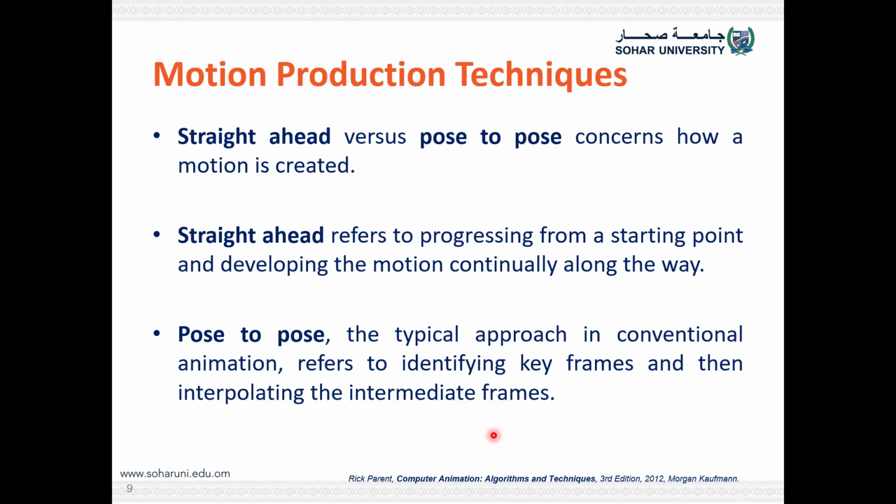So this one they call pose to pose. Here we need to identify the keyframes, which are frame 1 and frame 20. Then after that, I draw the intermediate frames. So this is the difference between the two techniques. Both of them will give me the same motion, but the technique of building the animation is different.